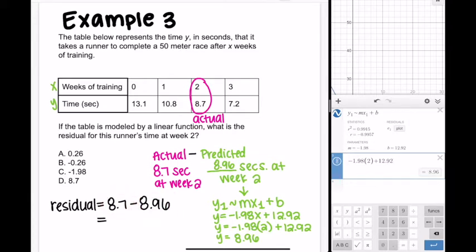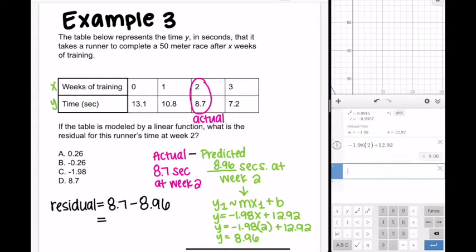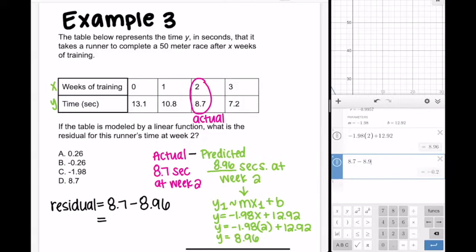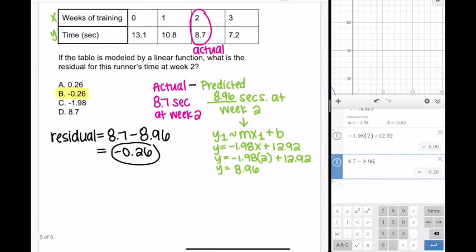That's good. If we subtract these, 8.7 minus 8.96, that gives us negative 0.26. So that means that his time was actually 0.26 seconds faster than expected.